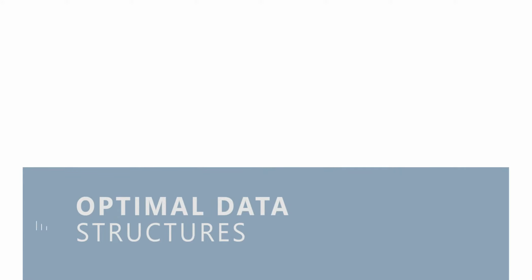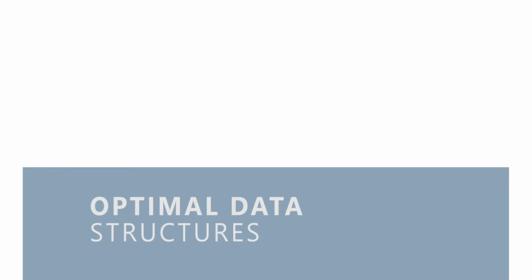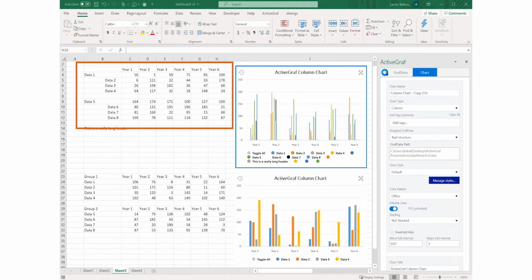Now we're going to talk about the optimal data structure for GrafData. On the top left, you see an example here that has indentations for data and no group name, and the data is split into 2 smaller subtables.